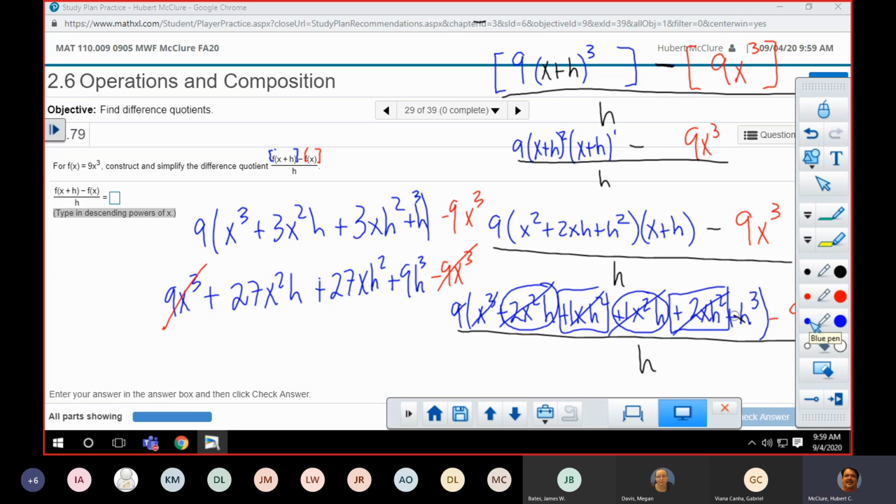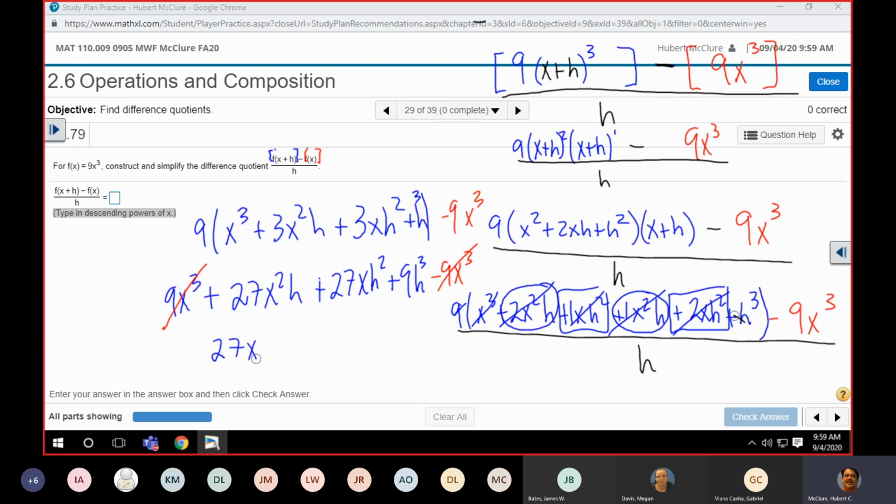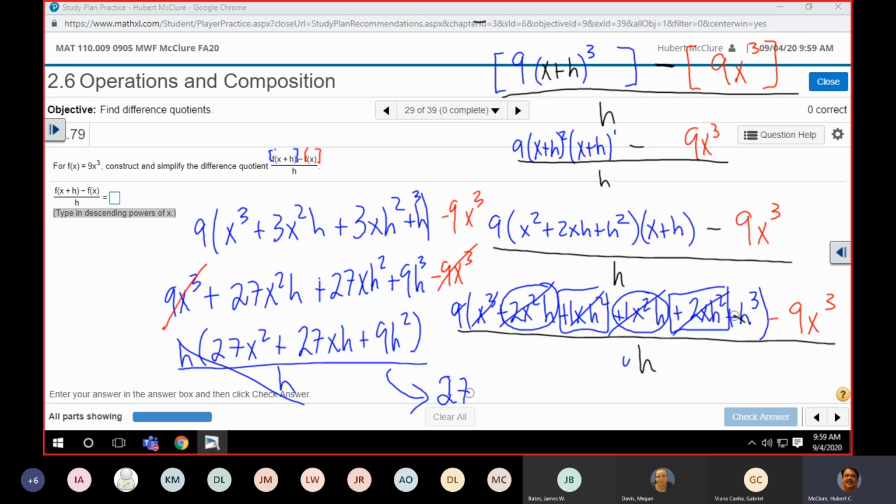So 27x squared, I'm going to go ahead and factor out h, plus 27xh plus 9h squared, over that h that we've been bringing right here. And those h's cancel. And your final answer to this problem is 27x squared plus 27xh plus 9h squared. That's your answer.